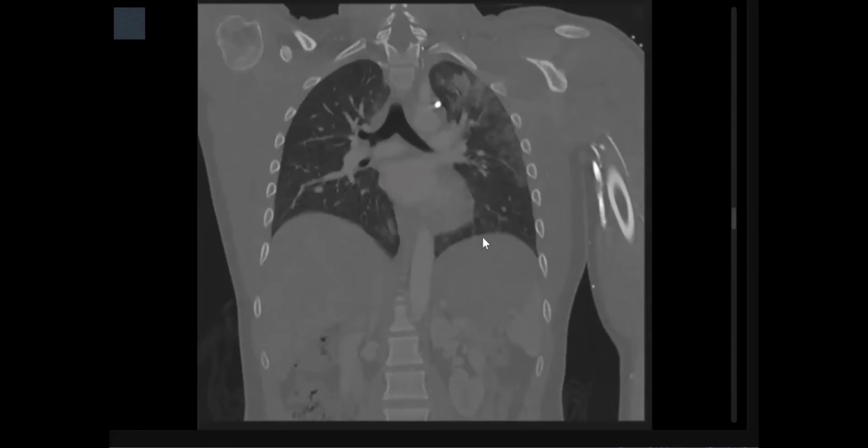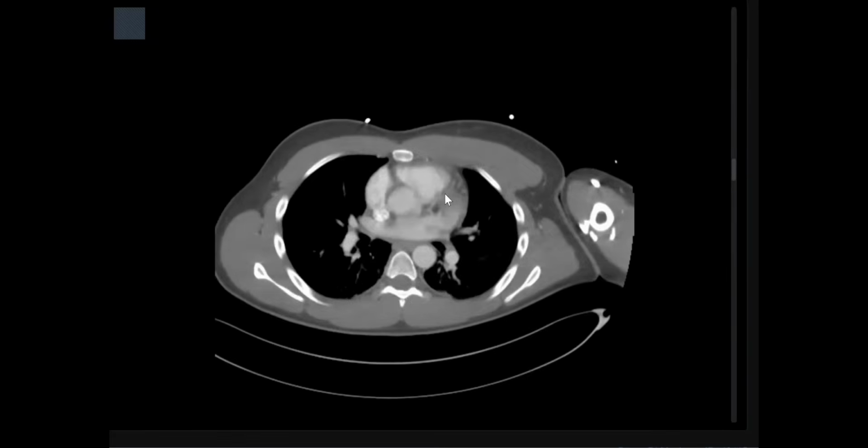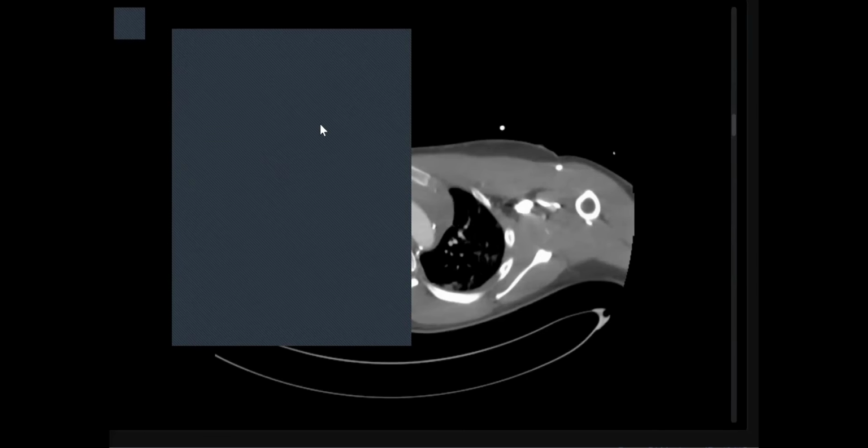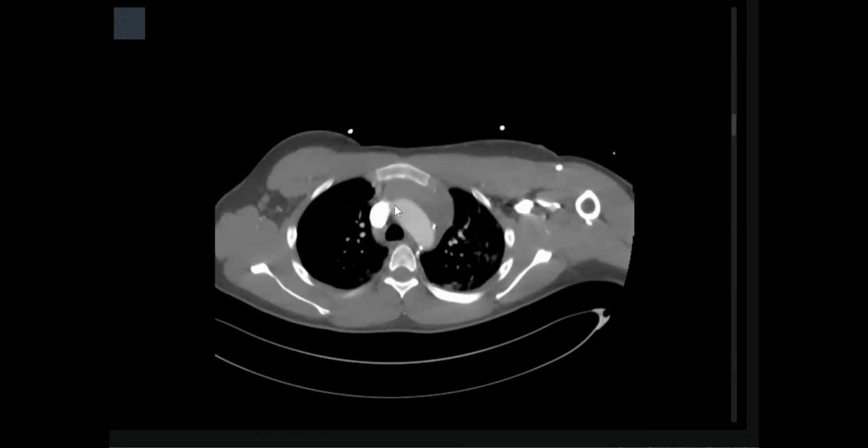Coronal is needed for diaphragmatic integrity because it may cause a compression upon the heart. Soft tissue window is needed for a mediastinal hematoma, especially aortic, or alternatively the venous.